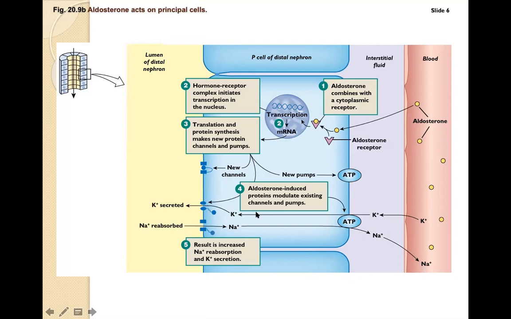Potassium, on the other hand, will go the opposite way. It will be secreted into the filtrate and you will lose potassium. Again, keep this in mind. This is an extremely important point, that you're going to get reabsorption of sodium and secretion of potassium when aldosterone is active.